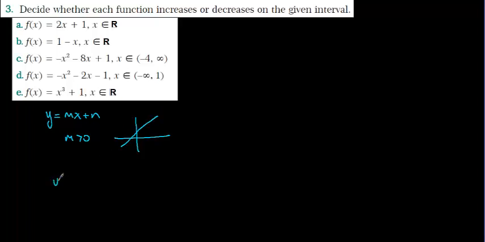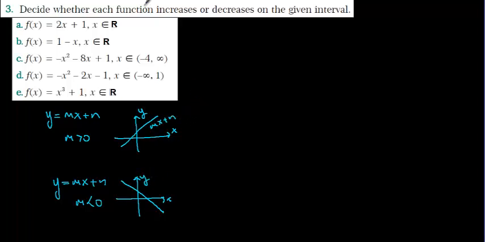If y is equal to mx plus n, m is the slope actually. And if m is less than 0, which means negative, our graph is going to be in this one. This is the x-axis, this is the y-axis, here also the same, and this is mx plus n.